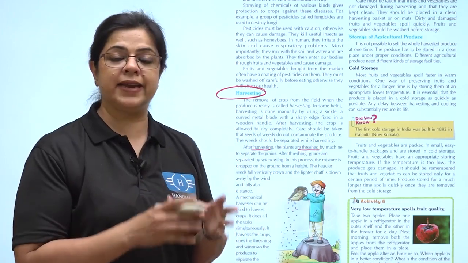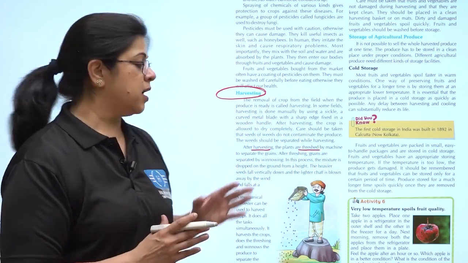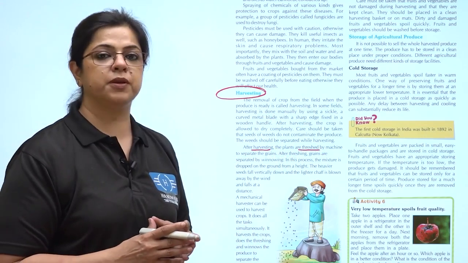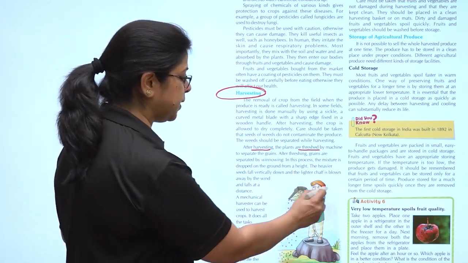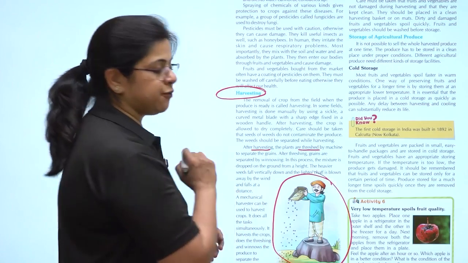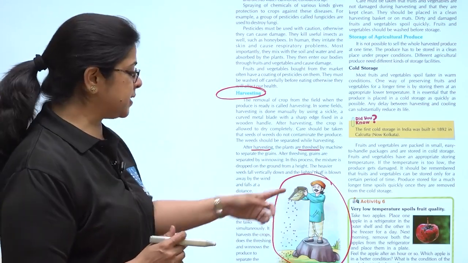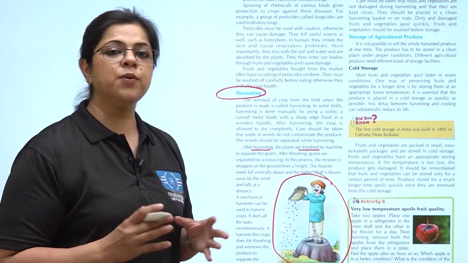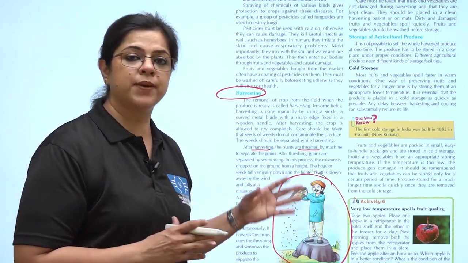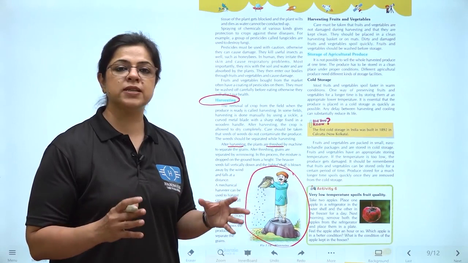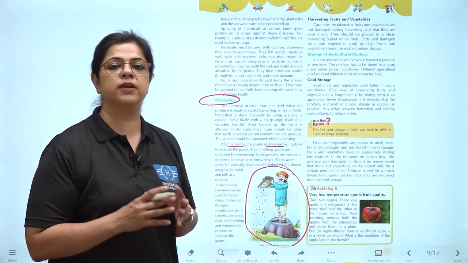Threshing removes the grain from the main plant. Once the grain has been removed from the main plant, it has to be separated from the chaff or the tiny bits of grass that are still attached to it. This is done by winnowing. Nowadays, there is a combination of harvesters and threshers which does both the works in one go.